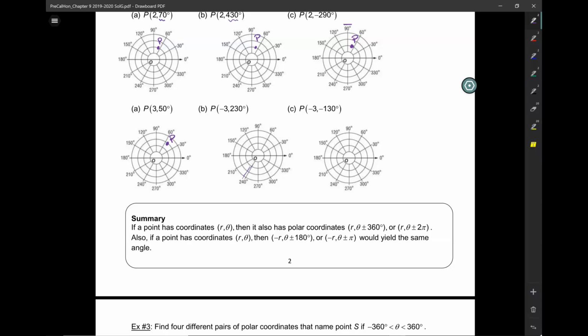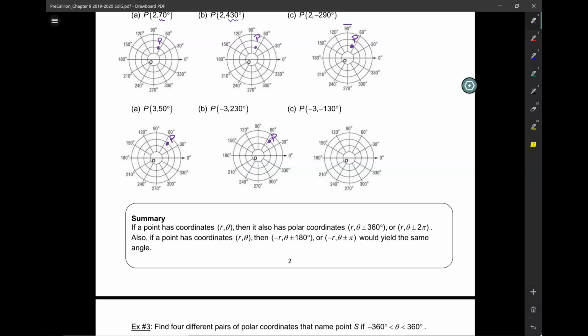So I'm right there. Okay? If you like, you can draw a little guide, like a line to guide you.